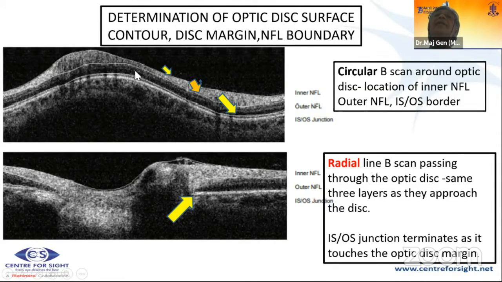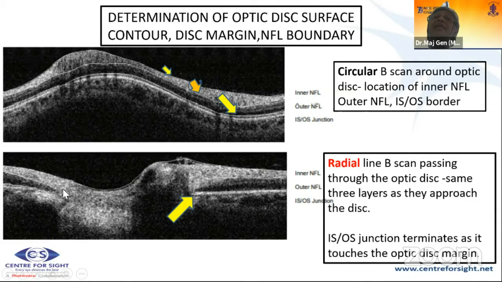By this, there are certain bright layers that we get. The first bright layer is the inner retinal nerve fiber layer. Then comes the second bright layer, the outer retinal nerve fiber layer. And finally, we come to the ISOS junction, where the RPE ends, and this is a very important thing.